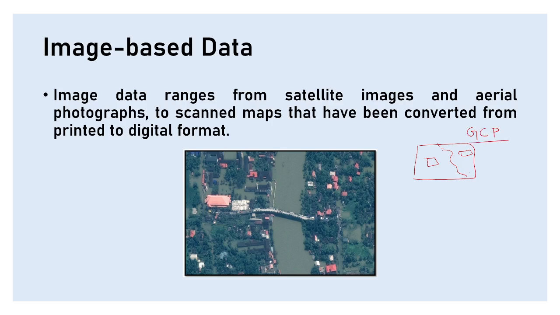An easier method is, if you already know the location of some points in this image, you consider those points as ground control points, give the lat-long information, and then you can georeference it in the GIS software by also giving the appropriate coordinate system.